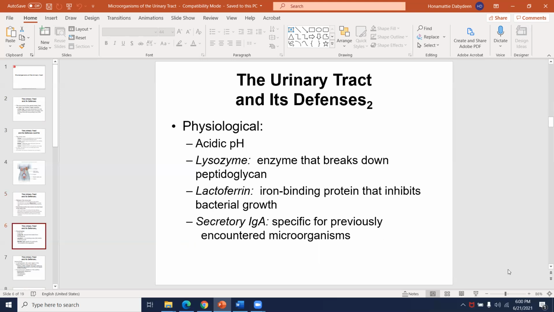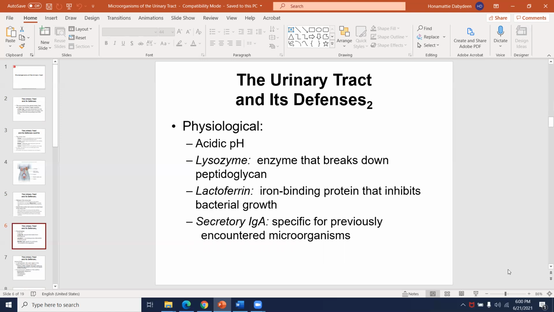All right, physiological differences. Well, of course, we have urine, and urine is in general acidic. It also has lysozymes. We learned earlier in other lectures that lysozymes can break down peptidoglycan, which is the cell wall structure of bacteria. That's a bad thing for the bacteria, so it must be good for us.